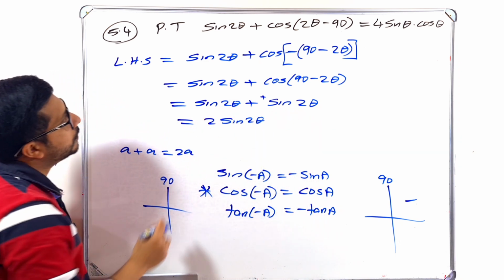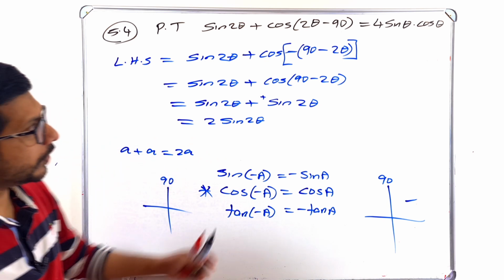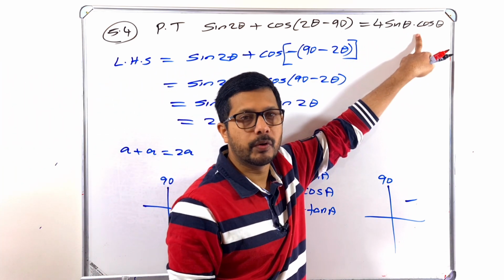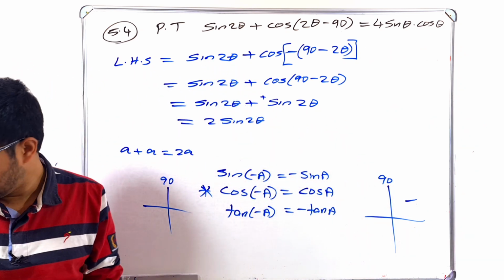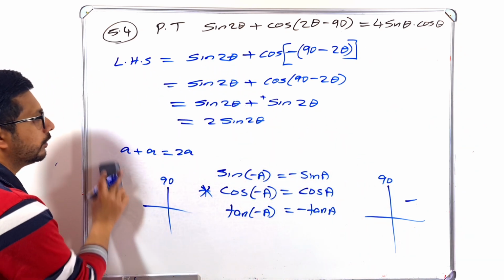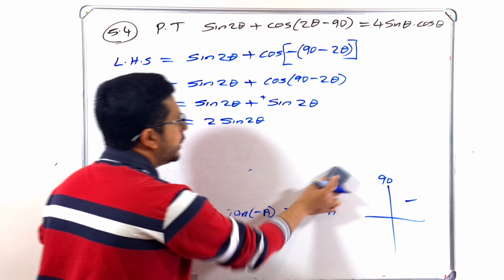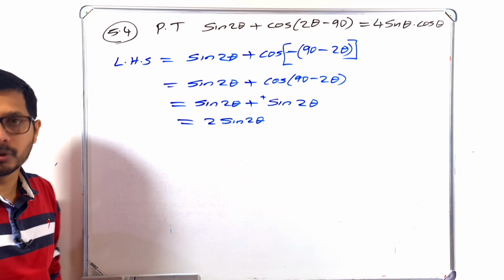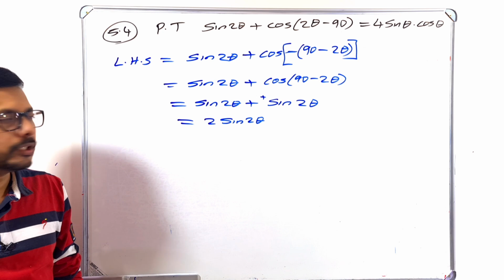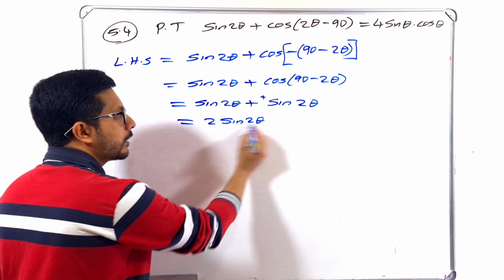So now look at the right hand side. What we want is 4 sin theta cos theta. Okay, so what can we do here? We got 2 sine 2 theta and we want the answer as 4 sin theta cos theta. So the sine 2 theta is a double angle. We can expand that one.